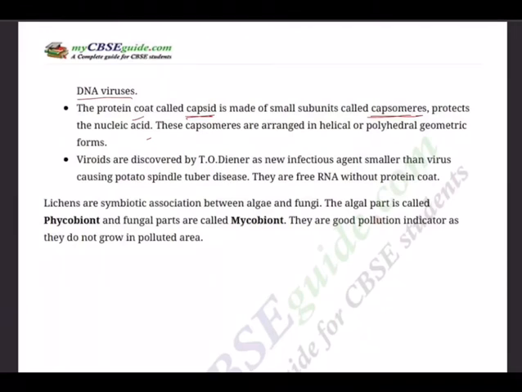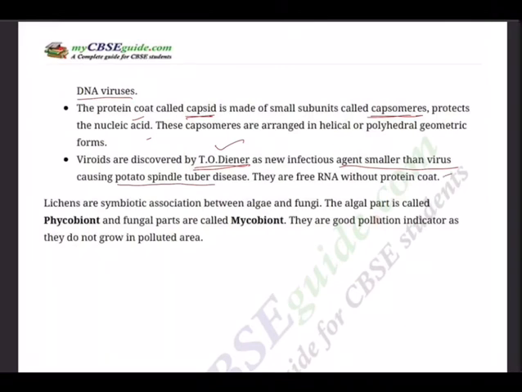So viroids, on the other hand, were discovered by T.O. Diener. You must remember this man's name, because sometimes in the examination his name is asked. A new infectious agent, smaller than viruses, viroids cause potato spindle tuber disease. They are free RNA without protein coat.